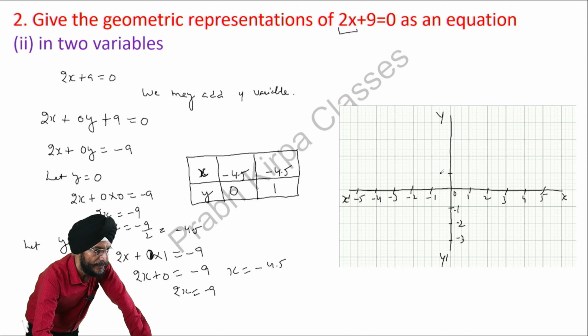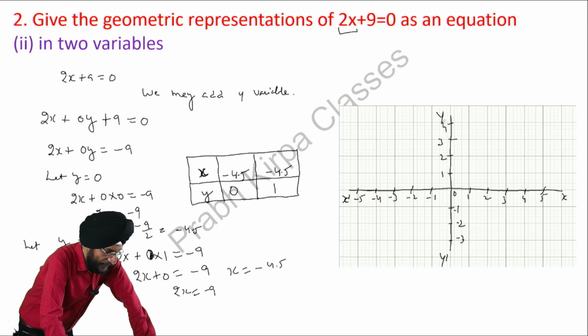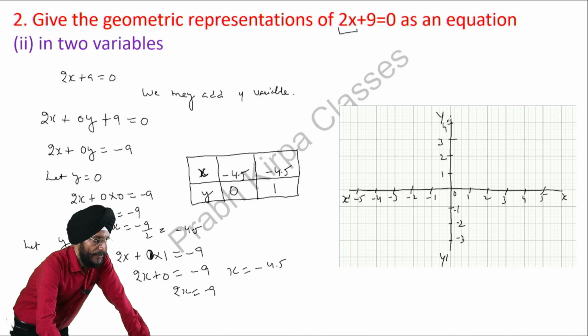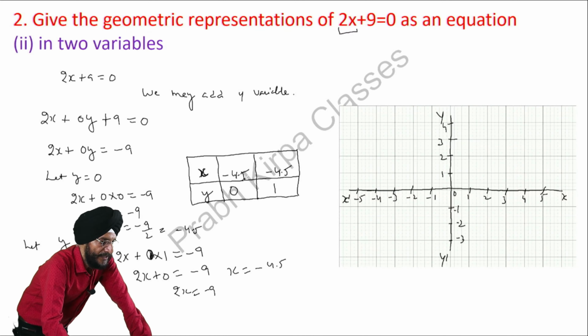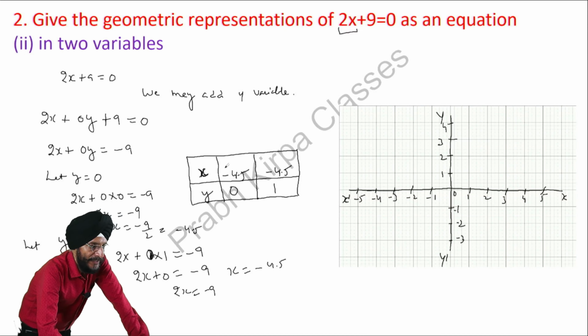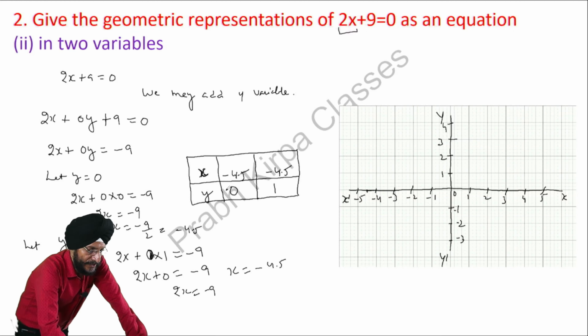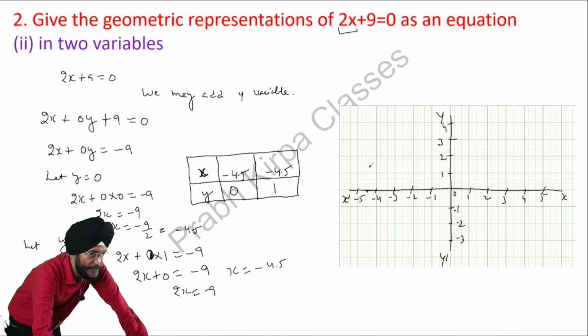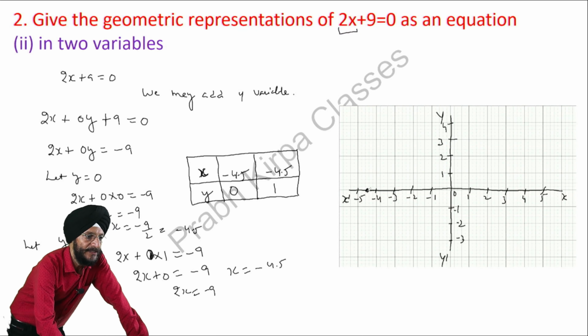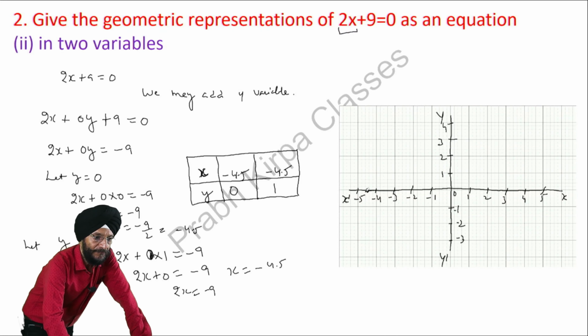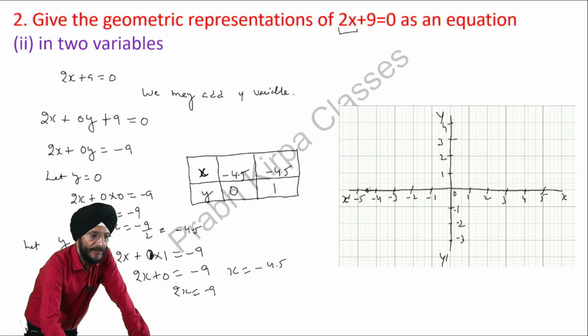Here it is 1, 2, 3, 4. Now what is given? Here it is given that the value of x is minus 4.5. Here it is minus 4.5 somewhere here. And y is 0. That is, the first point is this, where the value of x is minus 4.5 and the value of y is 0.